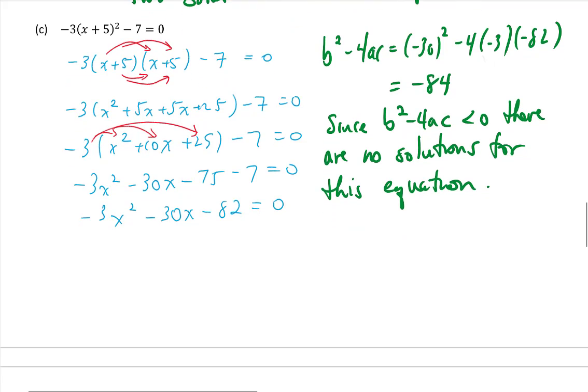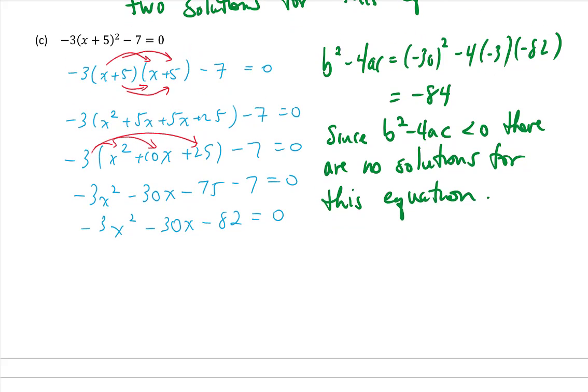Now, just as a side note, we didn't have to go through all this for example C. Notice it is in vertex form, and we could have just sketched the graph of this quadratic. We know the vertex is at negative 5, negative 7.